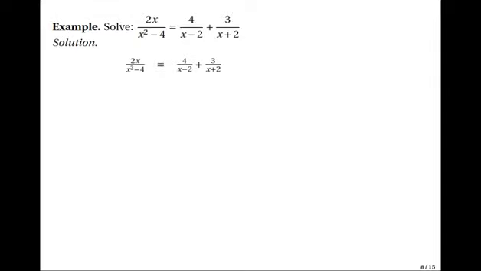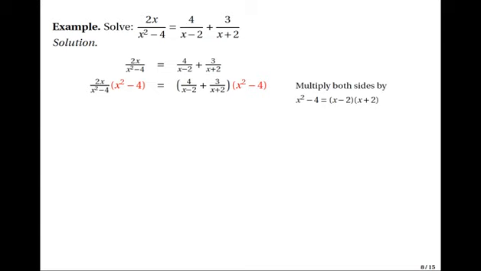So you check the LCM of the denominators. The LCM will be x squared minus 4, and that can be factored into x minus 2, x plus 2. So what we're going to do is to multiply both sides of the equation by x squared minus 4.